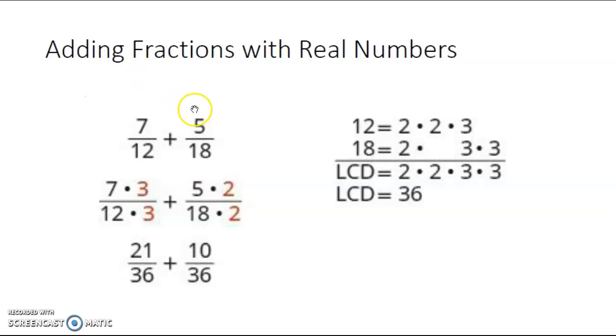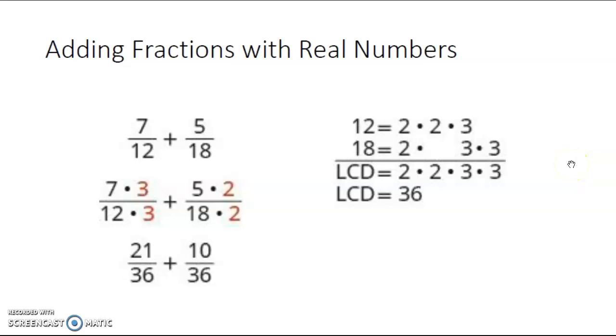So the least common multiple of 12 and 18 is 36. And this is just one way that you can also find the least common multiple, which is different than what we had done before, where we listed out the multiples. This uses the prime factorization for 12 and for 18. So for 12, we have 2 times 2 times 3, and for 18, we'd have 2 times 3 times 3.